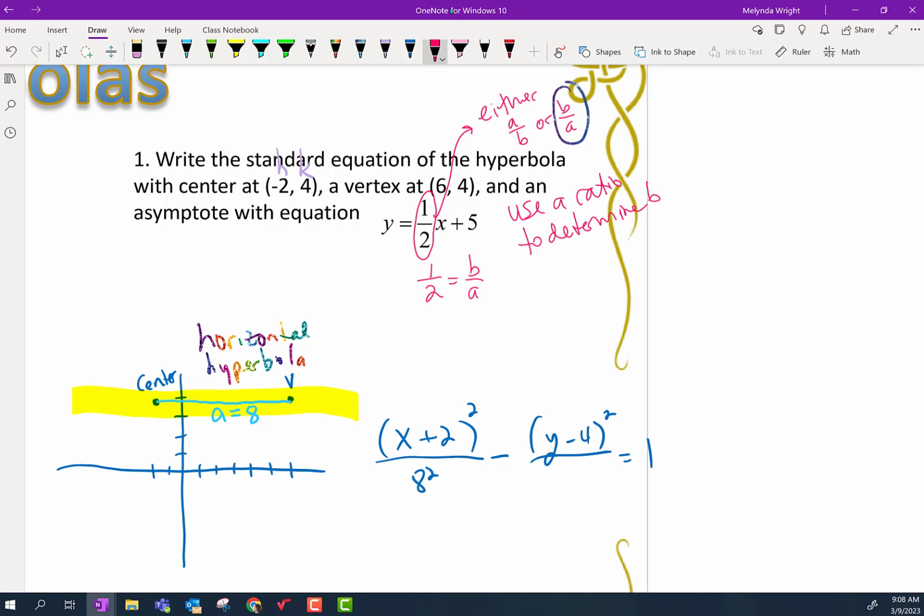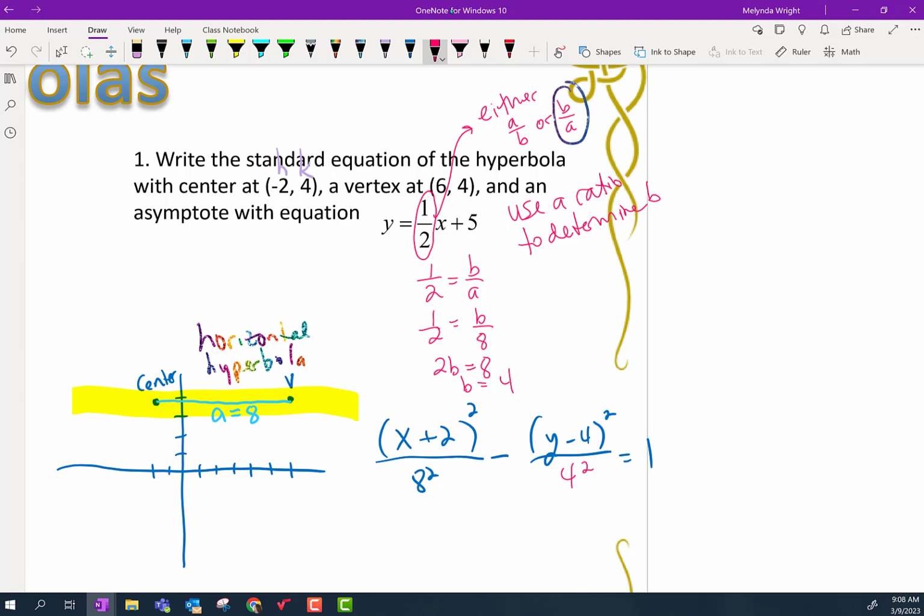Now we know what a is. A is 8. So I've got 1 over 2 equals b over 8. Now it's just a matter of solving my proportion, so I would cross multiply and get 2b equals 8, or b is 4. So b is 4, so that would be 4 squared.